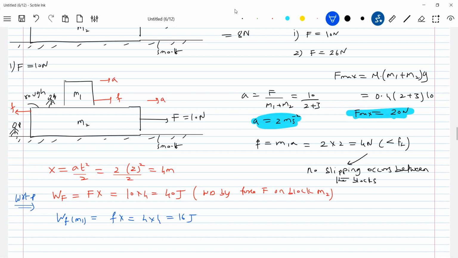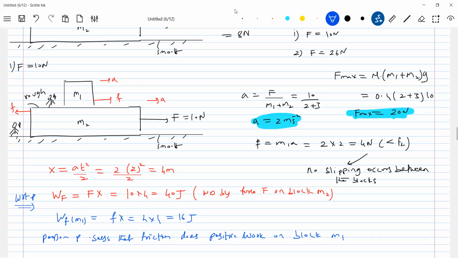Look at this one. So what does person P say? Person P says that friction does positive work on the block M1.